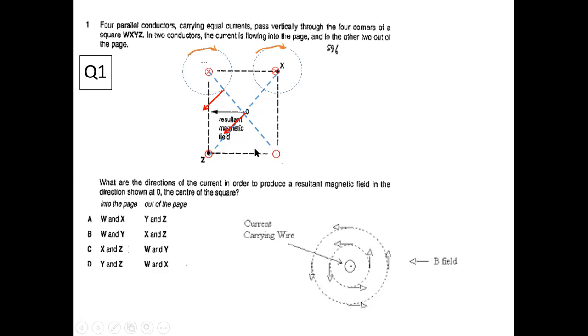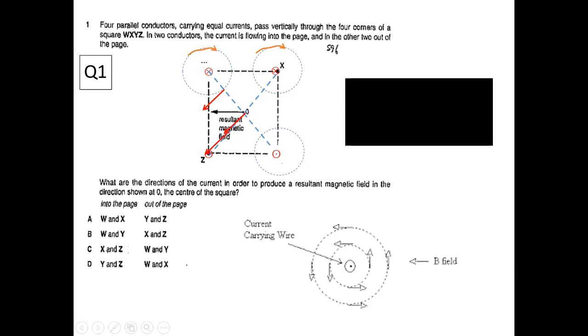And then these two coming out, as we are using here, using A, coming out. As far as this one is concerned, it is going anti-clockwise. So it's going that way. So that's why we get one going that way.